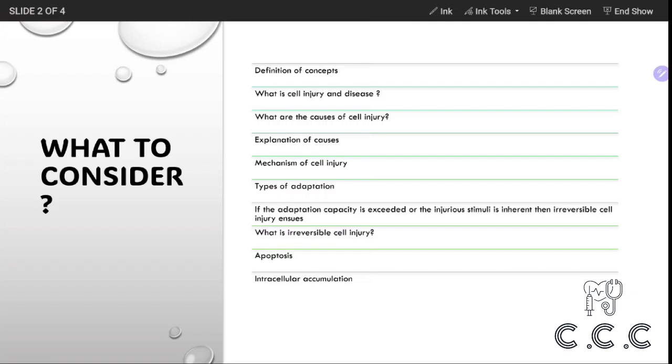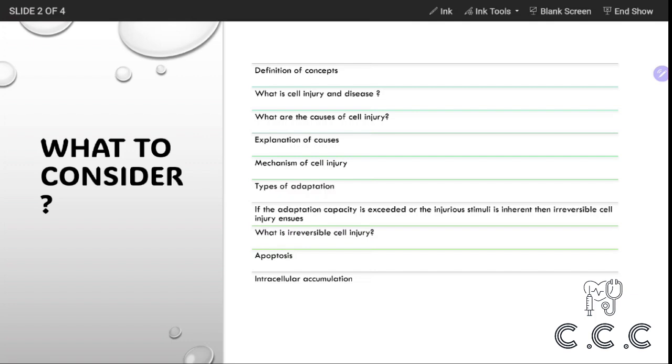The next thing we're going to look at is what are the adaptations that a cell naturally wants to undergo when it is being threatened by these injurious stimuli. We are also going to look at a very interesting phenomenon, which is if the adaptive capacity is exceeded or if the injurious stimuli is inherent, then irreversible cell injury will occur.